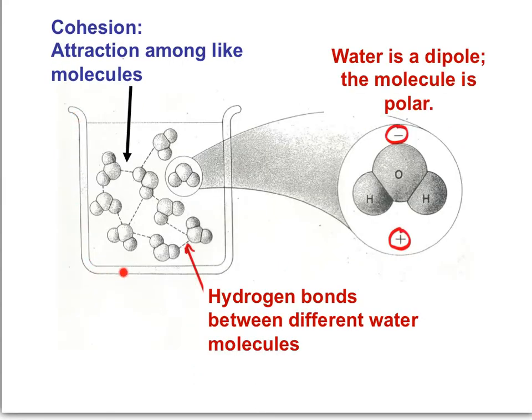In this diagram of water in a beaker, we can see the cohesive forces known as H-bonds. Cohesion is the attraction among like molecules. Water is attracted to itself, and from this emerges many qualities that make water a very suitable molecule for living things. Stay tuned. Remember, water is a dipole, the molecule is polar, slight negative at this end and slightly positive at this end.